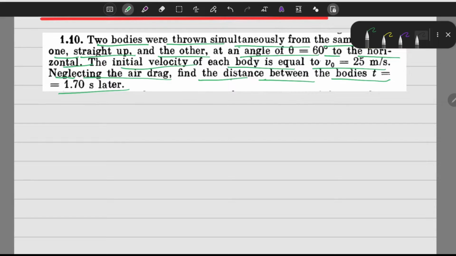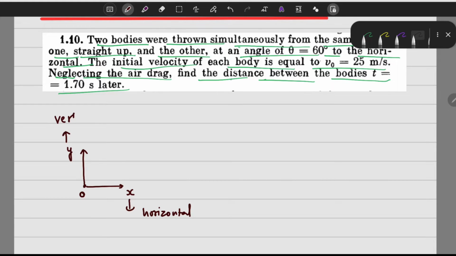Let us first consider that we have the origin, this is the x direction and this is the y direction, so this is the horizontal direction and this one is the vertical direction. There are two bodies.